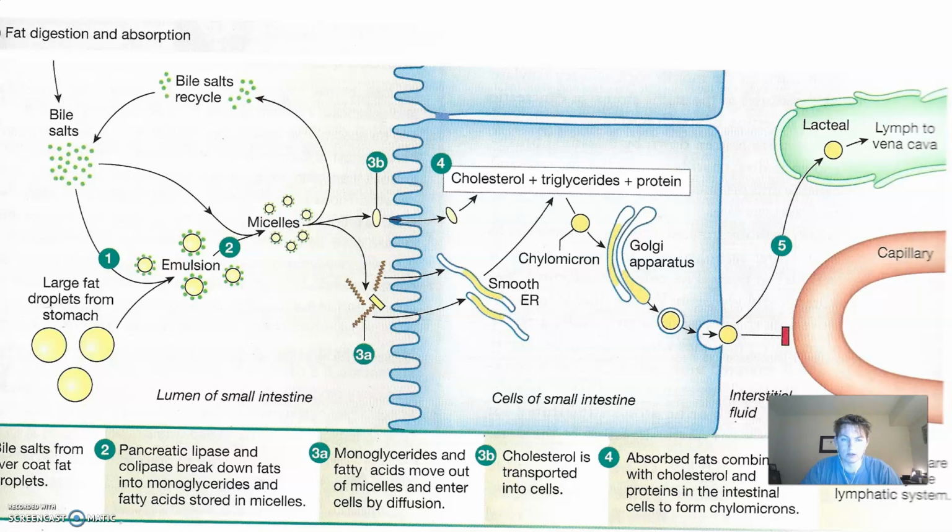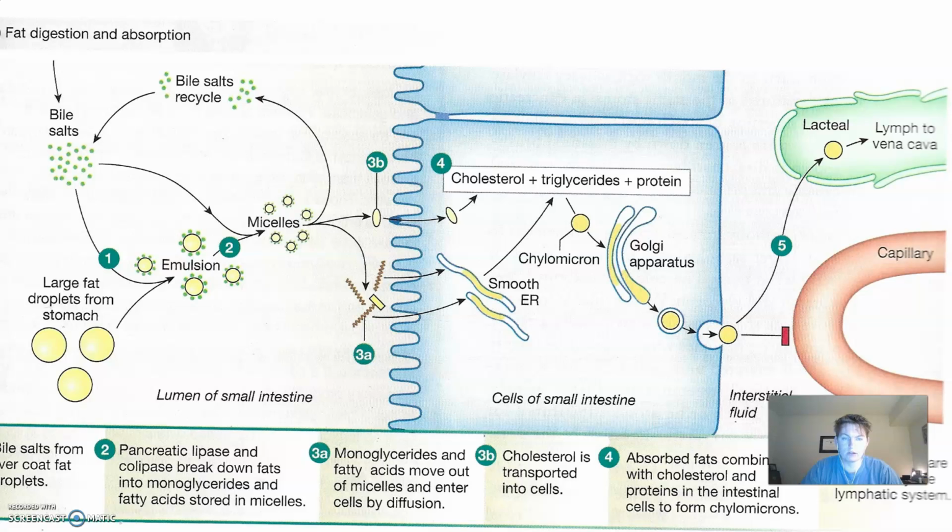The chylomicrons then go through the lymphatic system and exit near the right atrium of the heart, where they enter the venous system and go throughout the rest of the cells and distribute their fats, mainly triglycerides, into the cells for energy storage and other things.